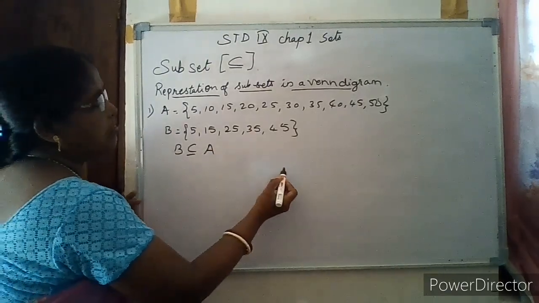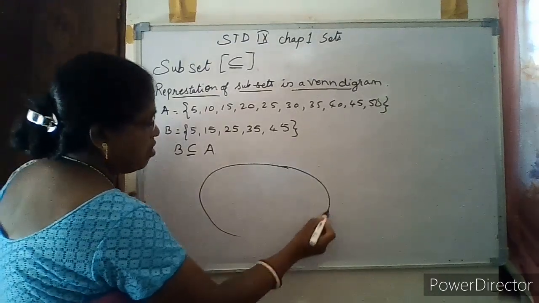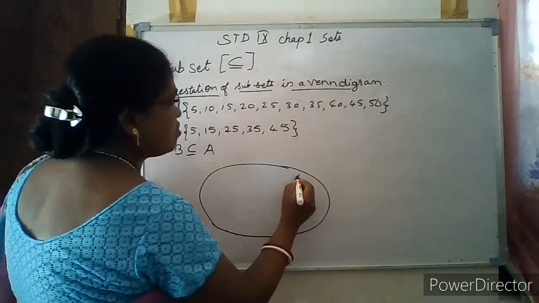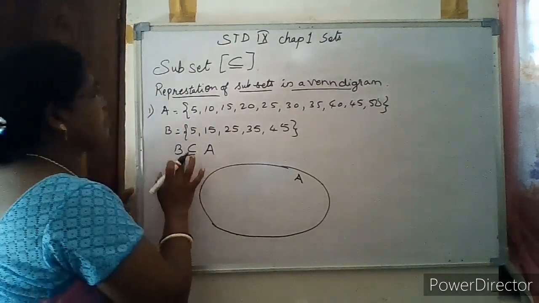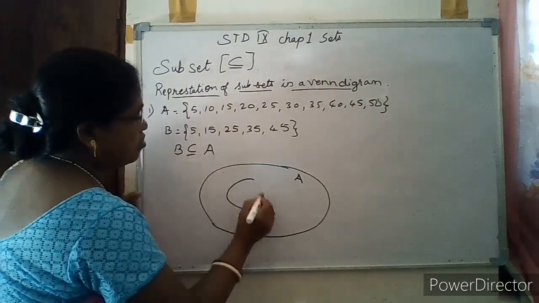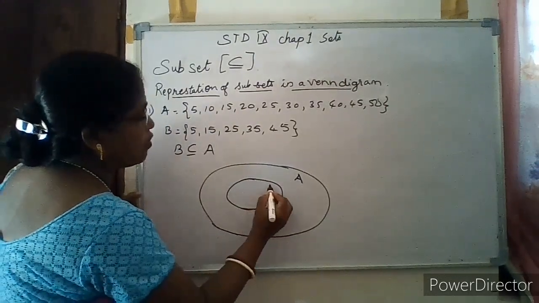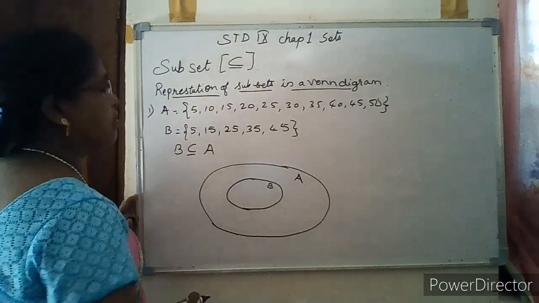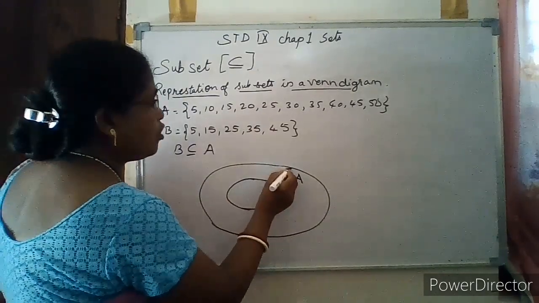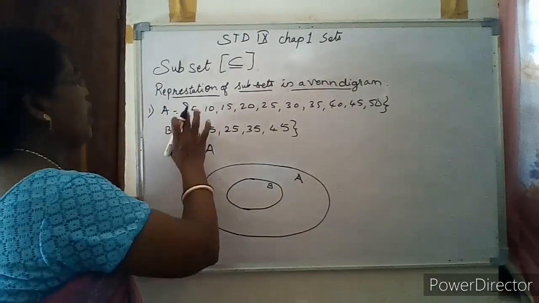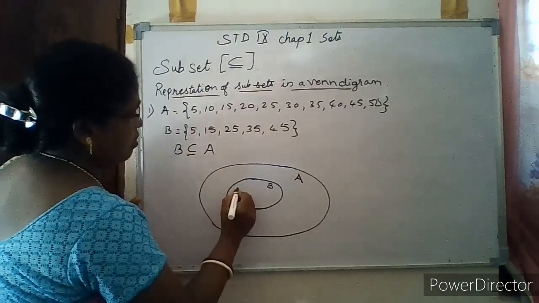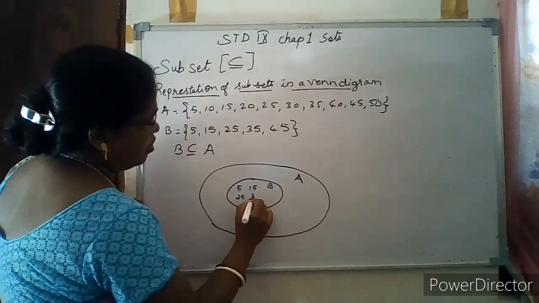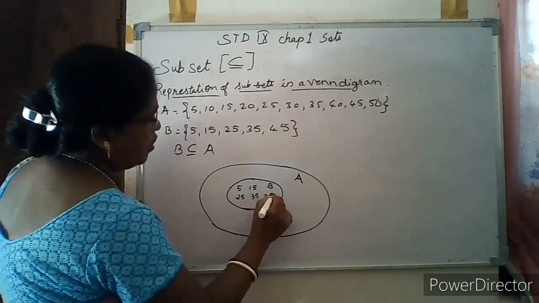Now how to represent this in the Venn diagram? This is the closed figure for set A. Now all the elements of set B are present in set A, so the closed figure for set B will come inside the figure of set A. The elements of set B are 5, 15, 25, 35, 45.